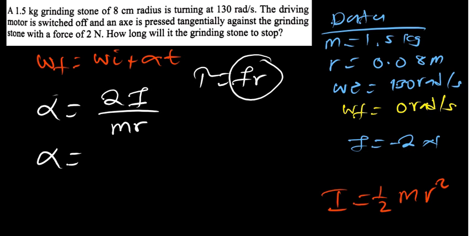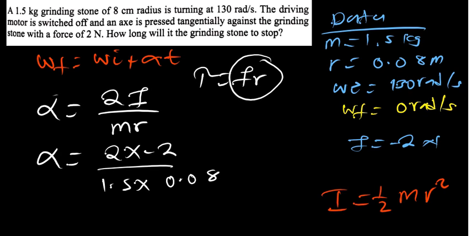So it's going to be 2 times negative 2 divided by the mass, which is 1.5, times the r, which is 0.08.